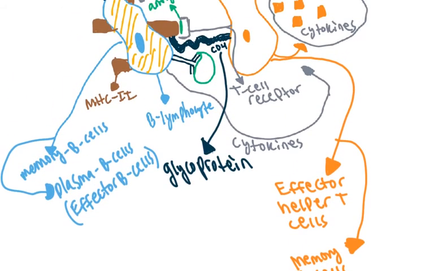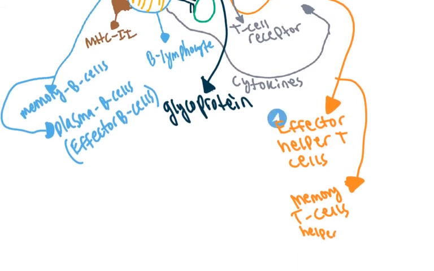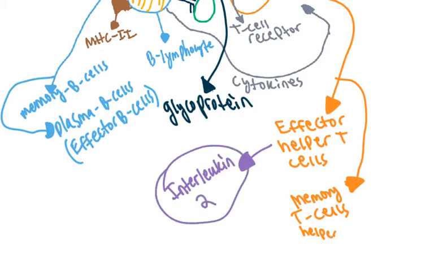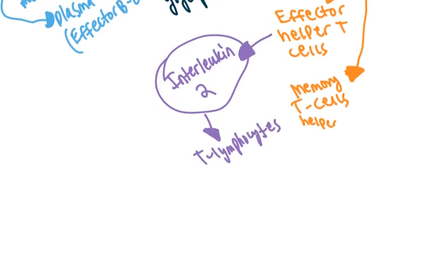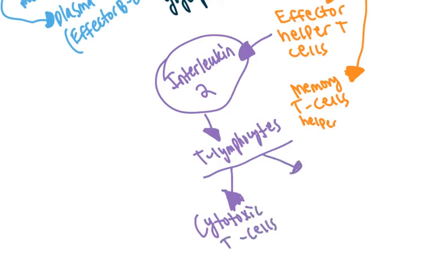All right, and then we said that these effector helper T cells, as a group, can start to release specific types of cytokines and lymphokines, and one type of cytokine that's really important is called interleukin-2, which can further stimulate the proliferation of nearby T lymphocytes into cytotoxic T cells and memory helper T cells.